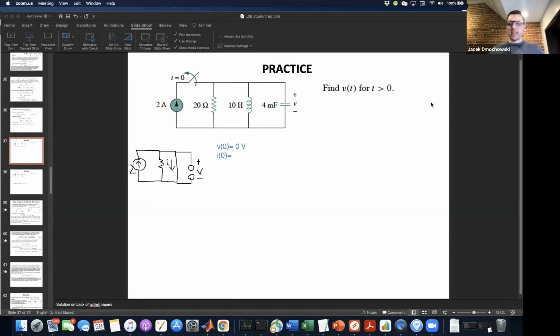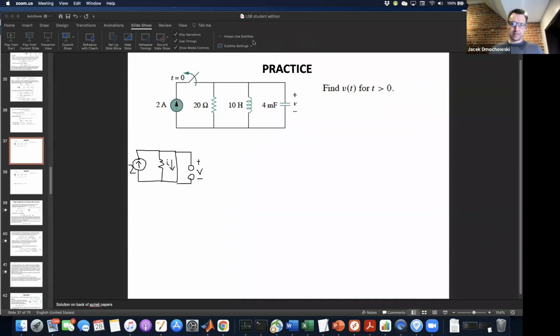Yes, in these questions, V will always be the capacitor voltage. And yes, Mohigul, that is correct. The answer is 2, because all of this current source will go through the short. So the current will just go through like this. It will skip the resistor.